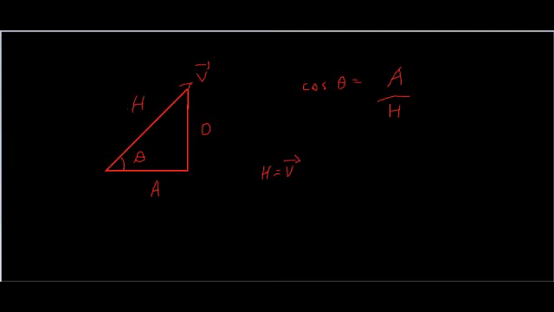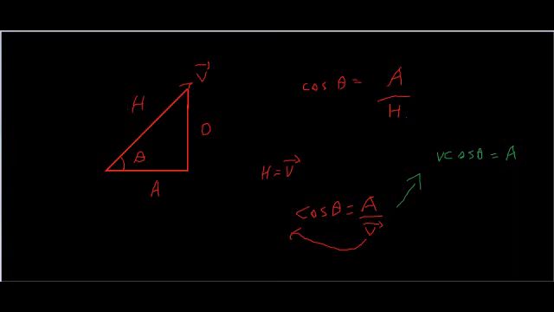So the cos of theta would then be the adjacent over vector v. So we take the vector v and we bring it up towards the cos theta, and that's how we get v cos theta, which would equal to the adjacent, or otherwise in the xy form, the x-axis.